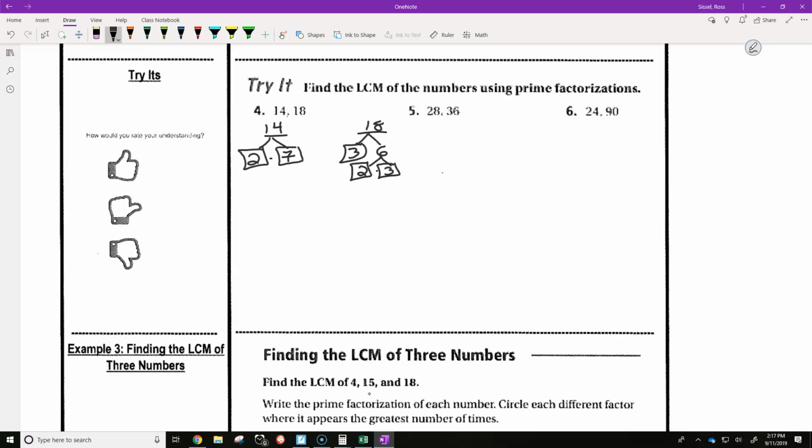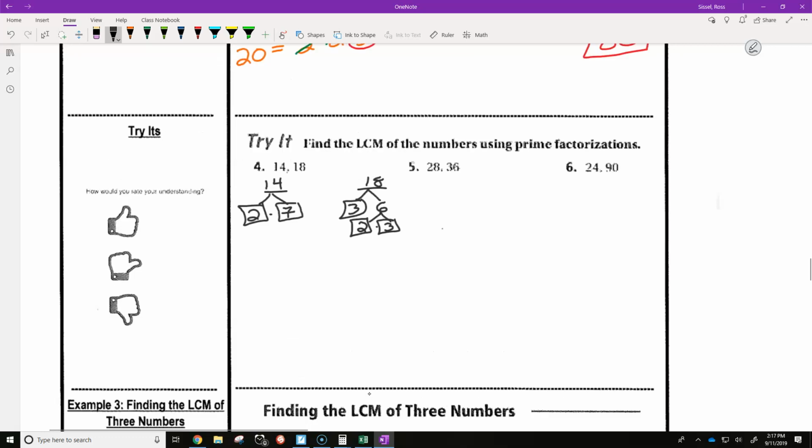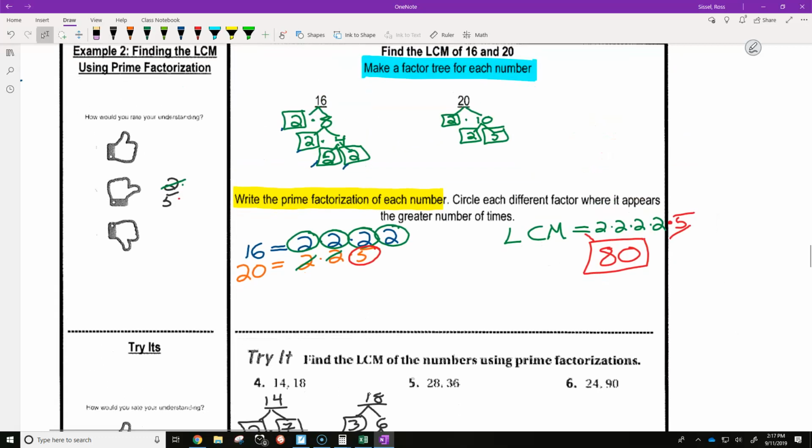Okay, what was my second step? Peter? What's my second step? Riley, what do you think I do next? I made my factor tree. What did we do next up here? I made my factor tree and then I did what?